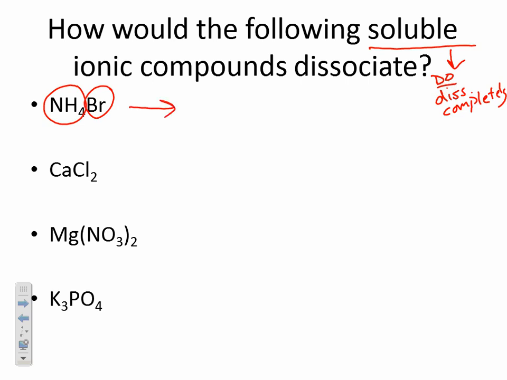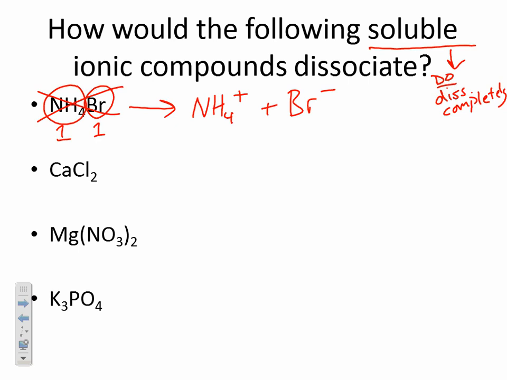So when this splits, it's literally just going to split into those ions, and there's one of each. So I'm just going to write one NH4+ and one bromide, and that's actually what you have in solution with ammonium bromide. You do not have the combined compound. It has totally split into the two separate ions.